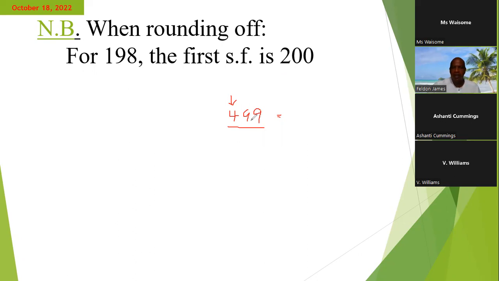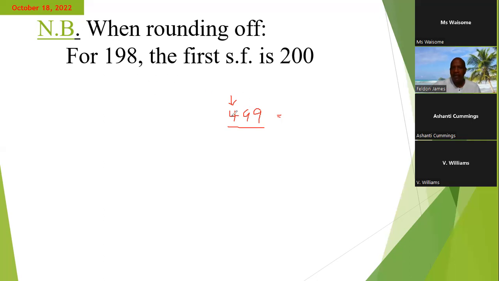But let's not use the term digit, in terms of confusing ourselves. It really means that if this is your first significant figure, the other two that are not significant, if they are whole numbers, you have to replace them with 0.